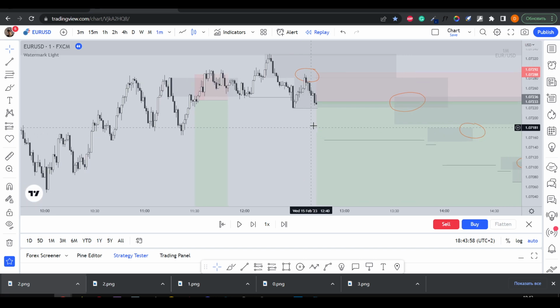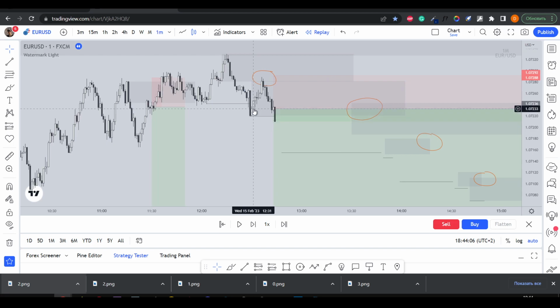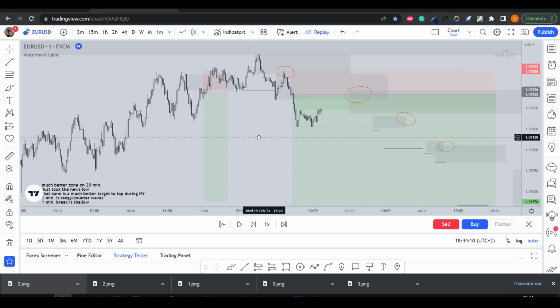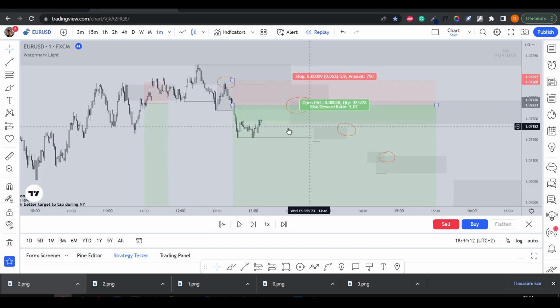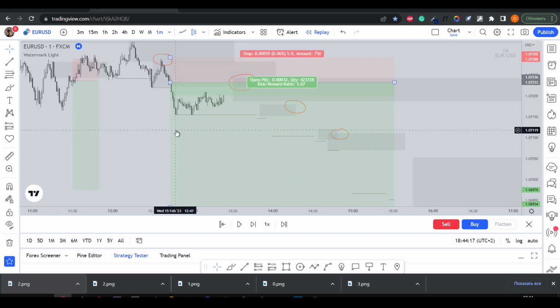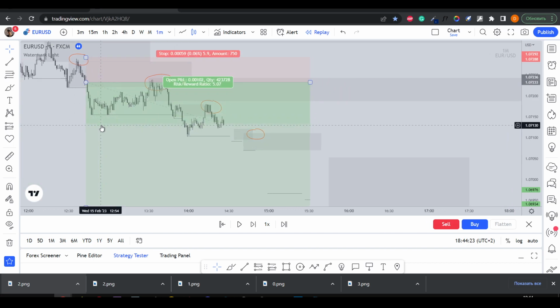While the price started to move down, I entered here and protected myself above. The market just went and started to create new structure. And not only that, these circles are potential entries. You see how well the structure held. It just never broke the ranges, maybe only once.